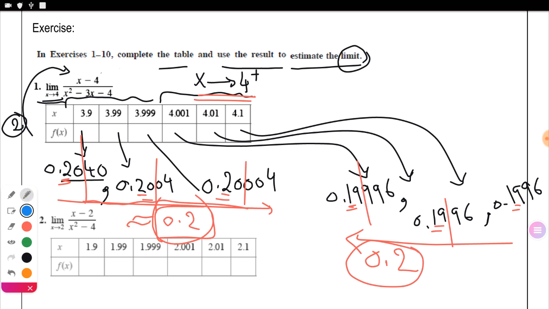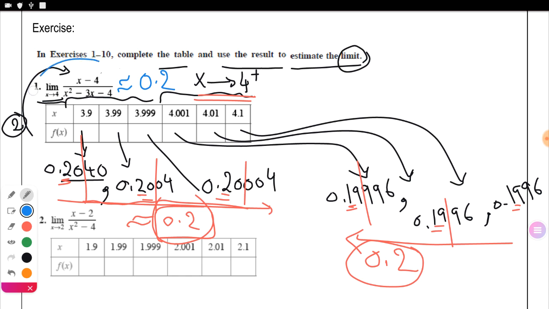approximately 0.2. That's all. It's so easy. I understood what the meaning of limit is: the behavior of the function. What is the value that f(x) approaches when x approaches a given value?